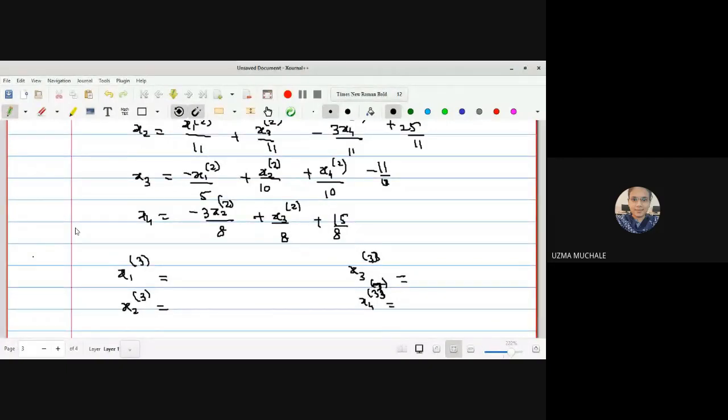Don't use only 2.3 or just 0.8. Use all 4 significant digits in calculating the values of x1, x2, and x3.